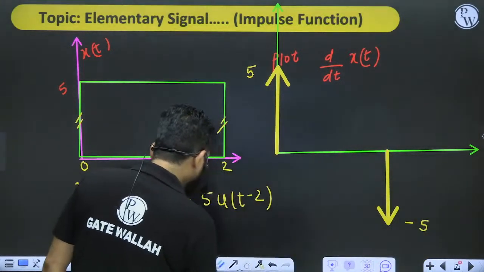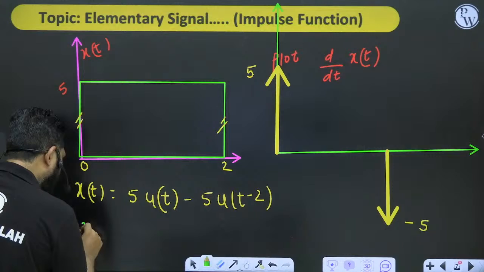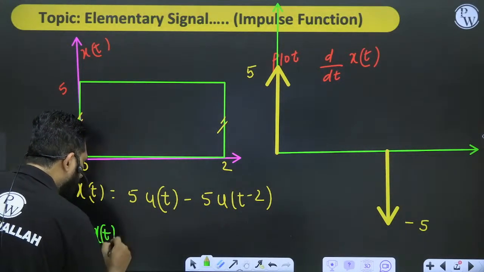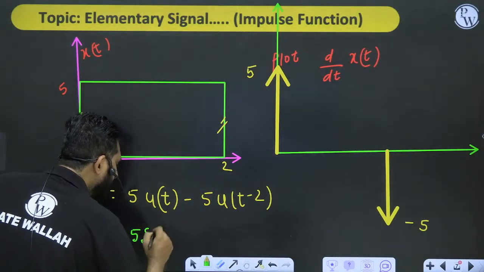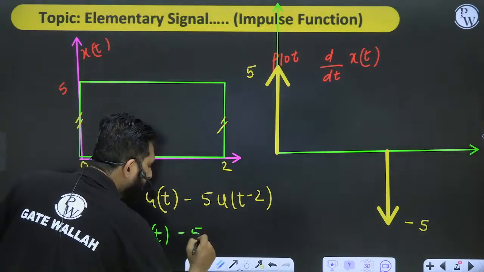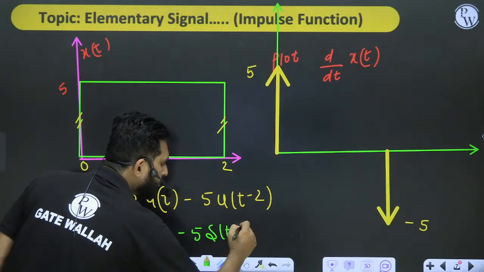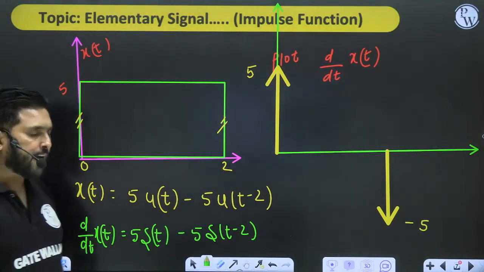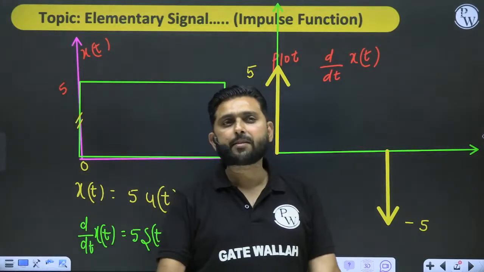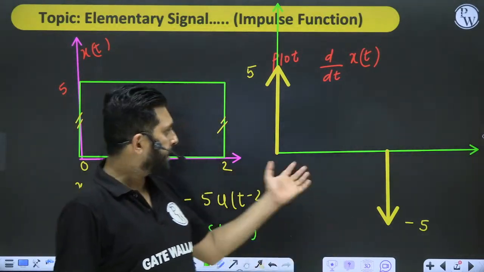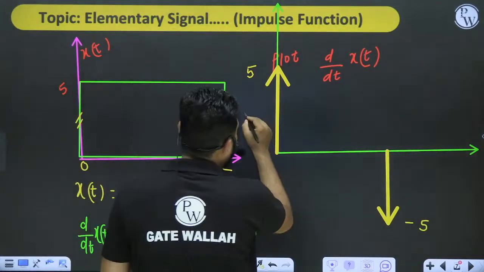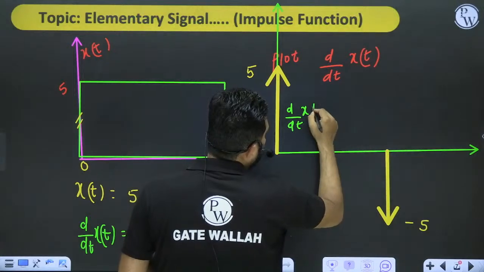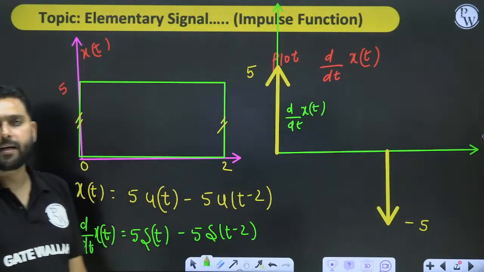So d by dt of x of t can be written as 5 delta t minus 5 delta of t minus 2. That's a very, very simple representation of this function. So this is x of t and this is the plot of d by dt of x of t.